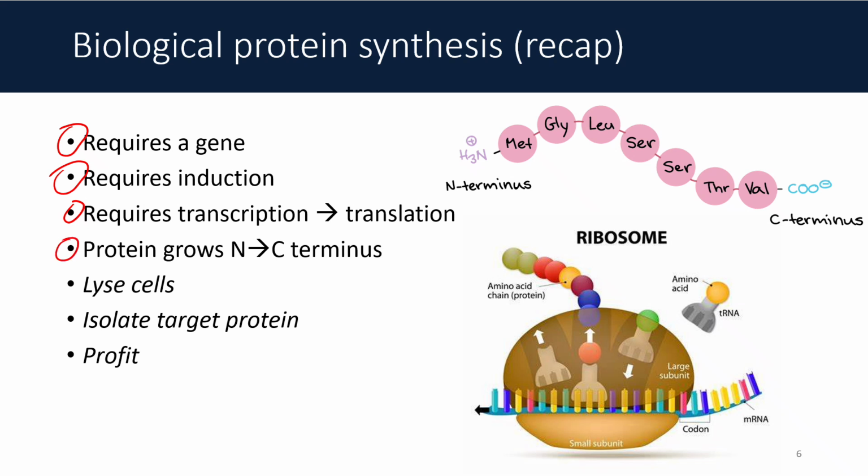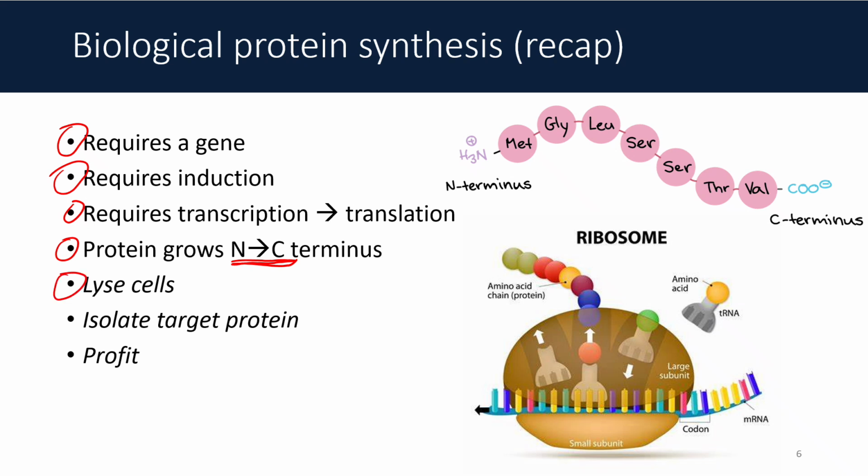Specifically, the ribosome is going to read the mRNA and grow the protein in the N to C direction. And you'll do this until the cell is just full and brimming with your desired product protein. And then comes the sad part that a lot of people tend to overlook.